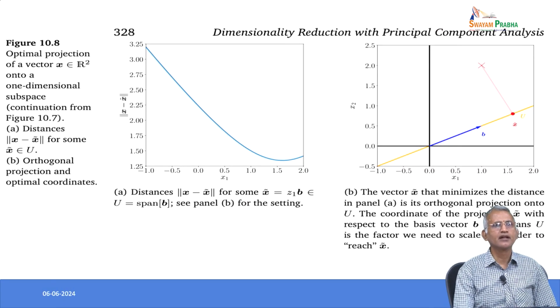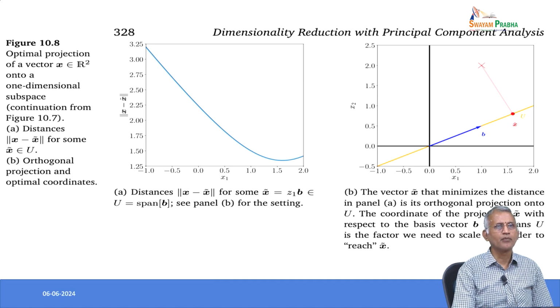Therefore, dimensionality reduction with principal component analysis says that picture A shows the distance of x minus x bar, with x bar equal to zn b, which belongs to the span of b.